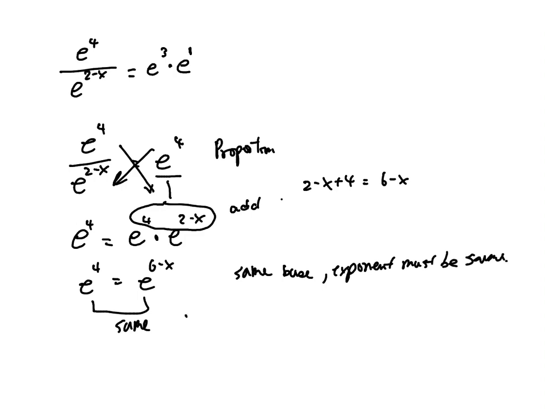So we have 4 equals 6 minus x, so x equals 6 minus 4, which is 2. So x equals 2.